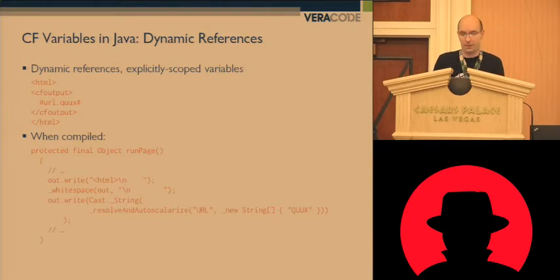Now here are the dynamic references. You can access variables in scopes not only through the bound and generated object methods, but also through a whole host of methods, and there's a bigger list in the paper, that basically use dynamic strings as names of variables to read and write.